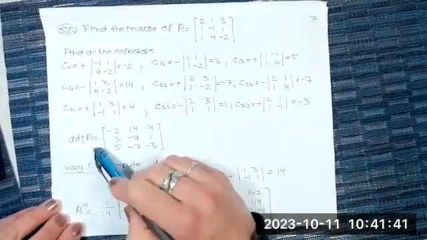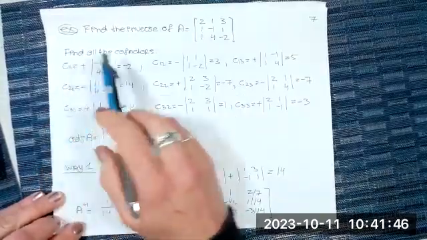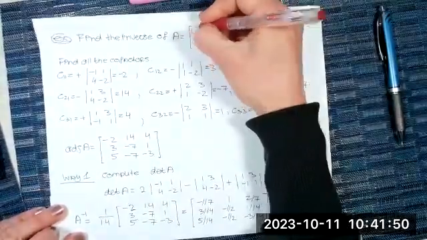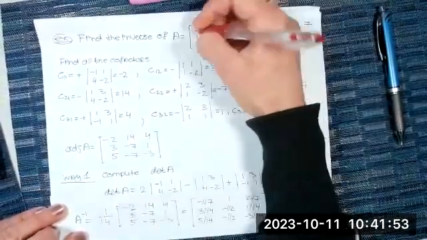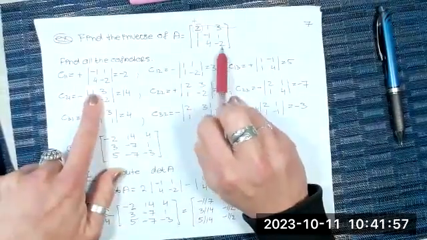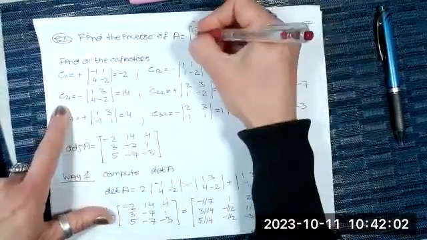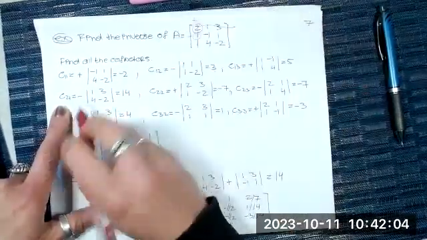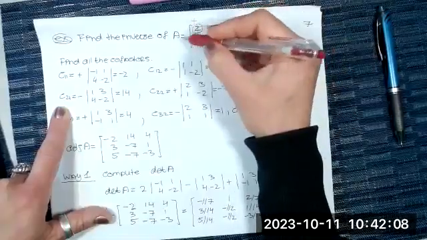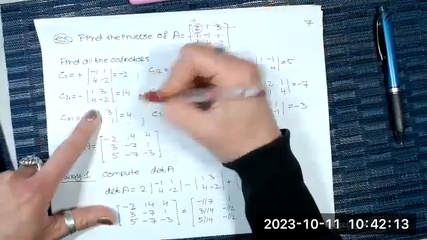So if I compute my adjoint here, I'll do this once. I'm taking all of my entries in A. The C11 with the plus sign will be the determinant of -1, 1, 4, -2. For my C21, I have 1 with the minus sign, and what's left when I remove the second row and first column is 1, 3, 4, -2, and so on.